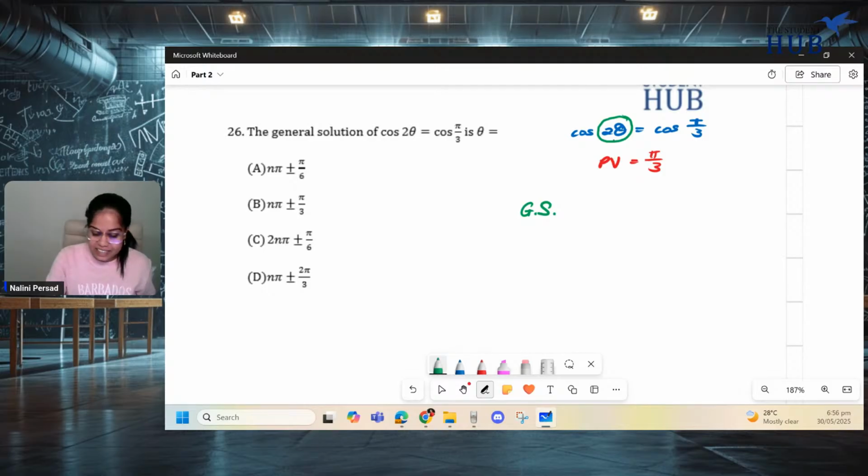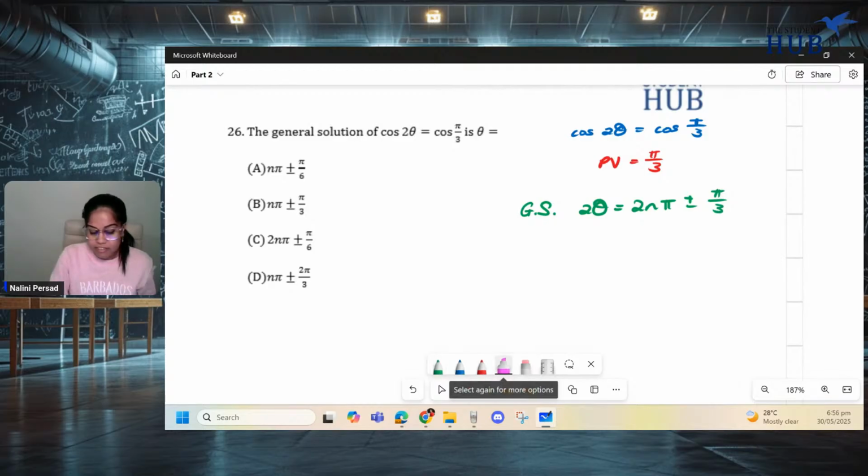They have 2 theta, so that's what you're going to drop down. And your general solution is 2n pi plus or minus your PV. Very important that you don't write theta, you write 2 theta, whatever it was inside there. You just drop it down here, whatever it was.